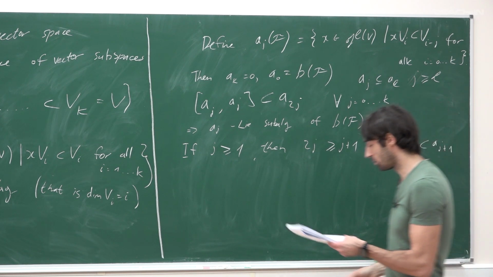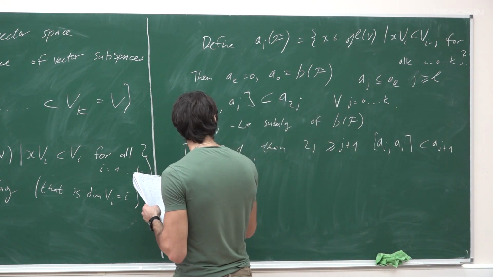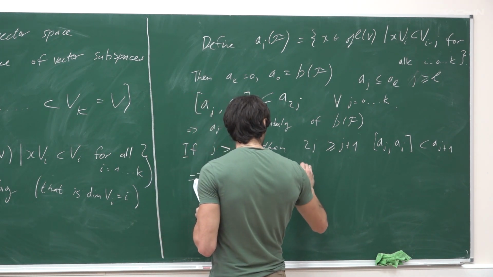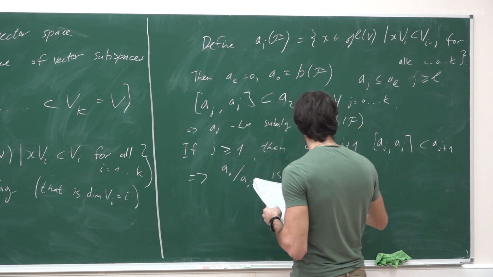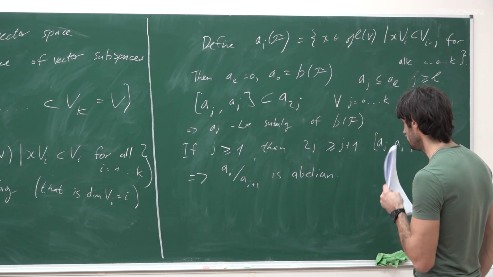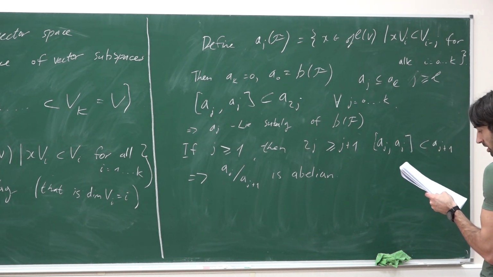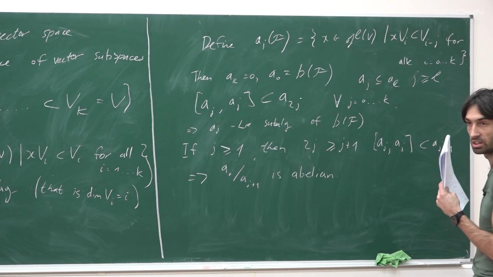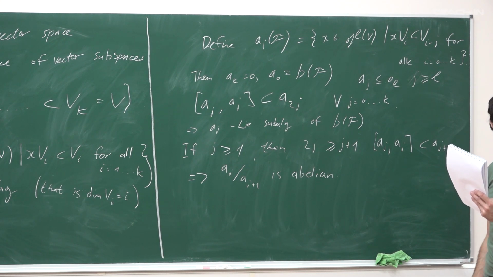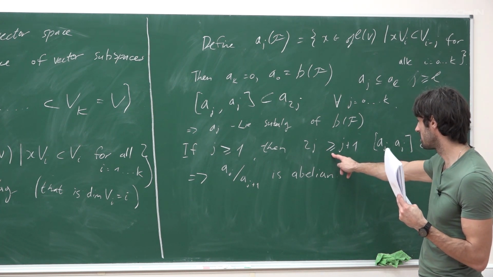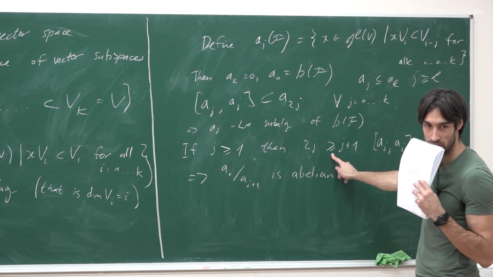And therefore A_j by A_{j+1} is abelian. This is almost everything that we need, except when j equals 0. When j equals 0, this inclusion is not true.